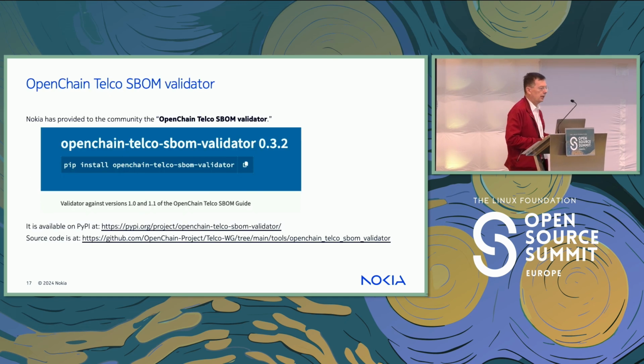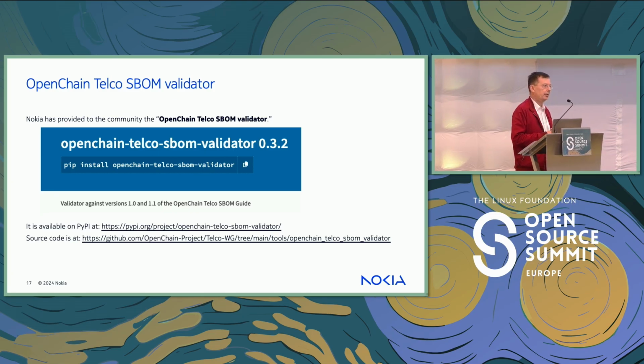So last thing. As I said at the beginning, we selected SPDX and some version of SPDX in order to be very practical and to be able to automatically ensure that an SBOM is compliant to our guide.